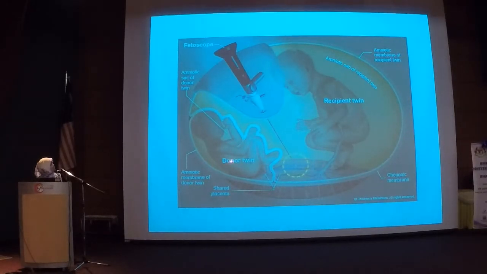This is the donor, which is smaller. We try to look at the placenta and search for the anastomotic vessels and ablate them. But of course, we only ablate the superficial vessels. We cannot identify the deeper ones inside the placenta. This is the basic part of the fetoscopic laser ablation.